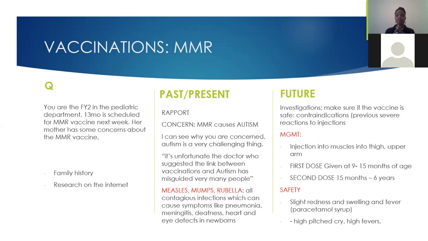Do they have very large outbursts and tantrums, especially when they don't have their way? Any abnormal posturing of the body, any lip smacking, head bobbing or head banging, or any repetitive movements with their limbs? So you have to do a little bit of history taking with this child.